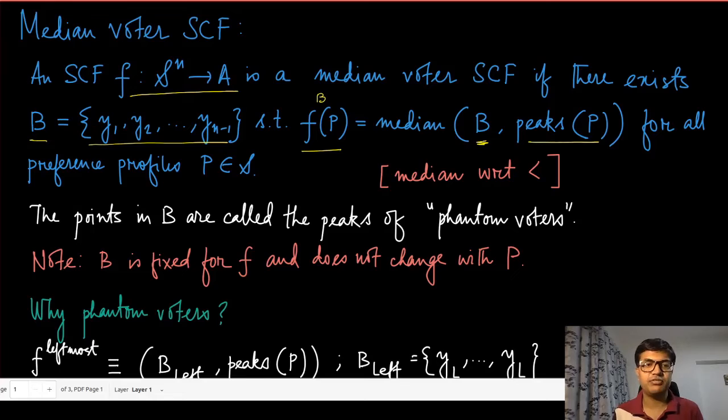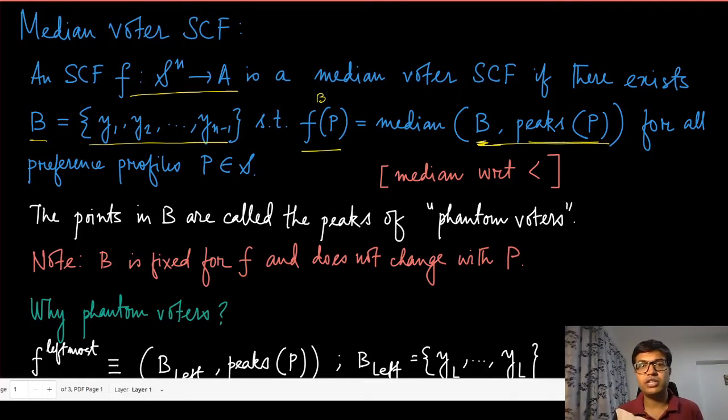For instance, if you have the phantom peaks all clustered together on the left, then all the n-1 peaks are on the leftmost position. Then the first position of the agent peaks is going to be the median of this collection B as well as the peaks of the players. So in some sense, if we pick this B carefully, we can create the leftmost peak as our outcome.